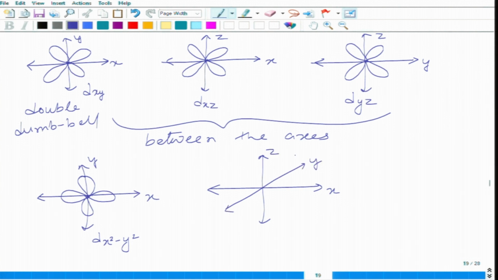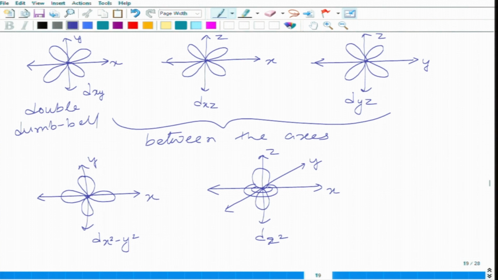So let's say 3 axes x, y and z. So dz square looks like this. There is one dumbbell across the z axis and a ring. So dz square is a dumbbell with a ring.